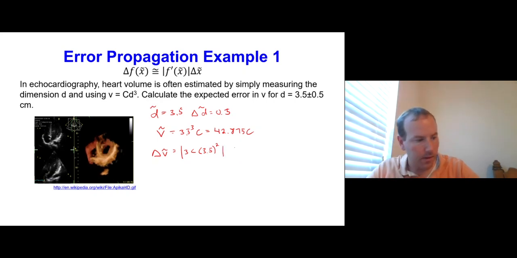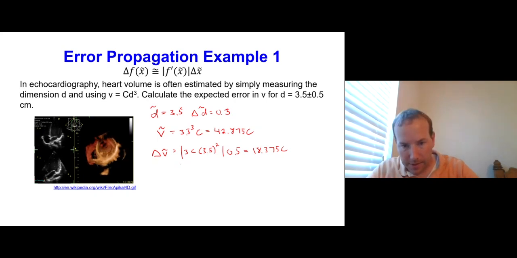And then we multiply this by the error in the measurements. The error was 0.5, so we're going to multiply this by 0.5. And you should get something about 18.375 C.